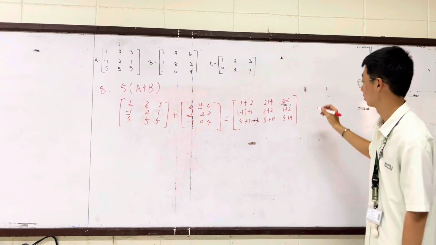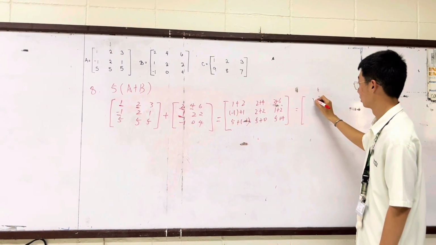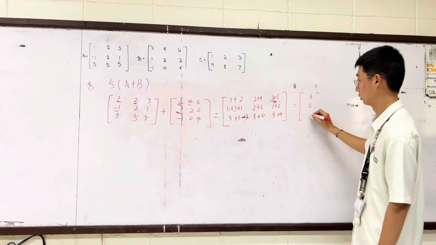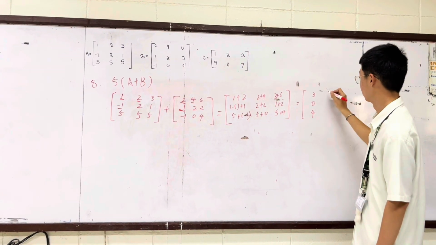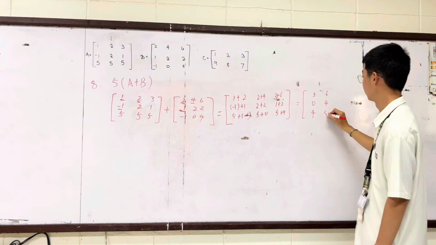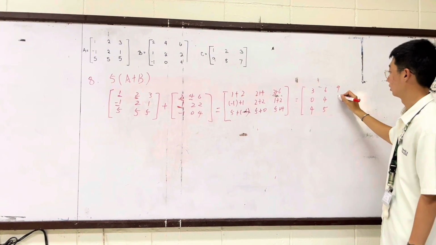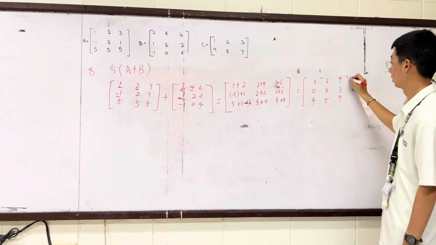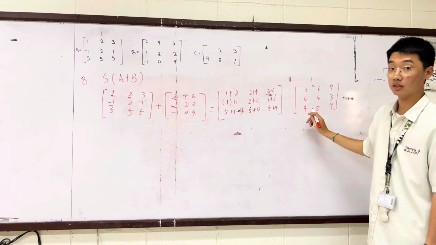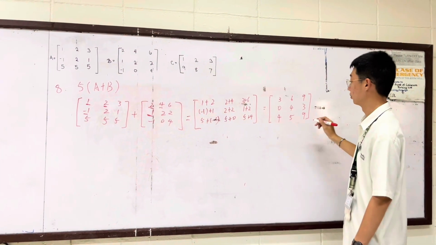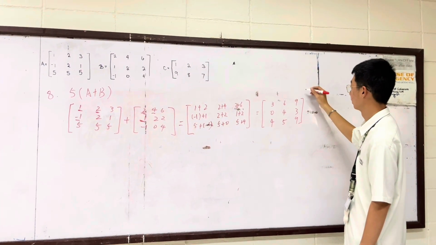In solving this, we will get 3, 0, 6, 5, 9. This will be our result for matrix A plus matrix B.